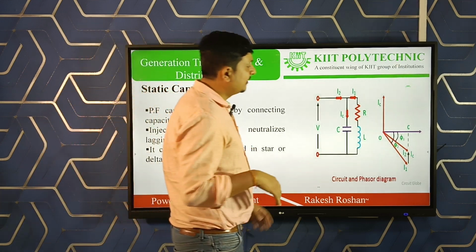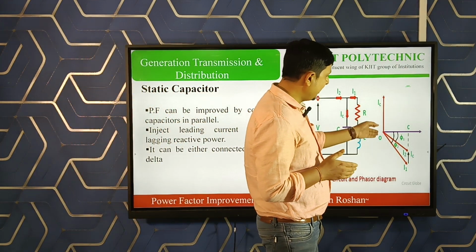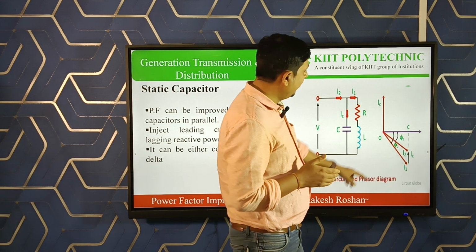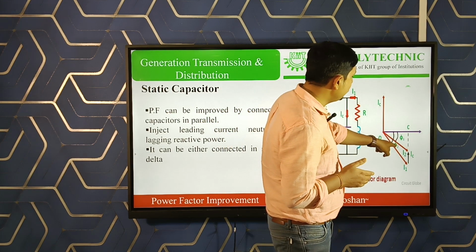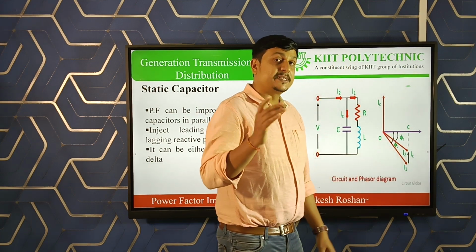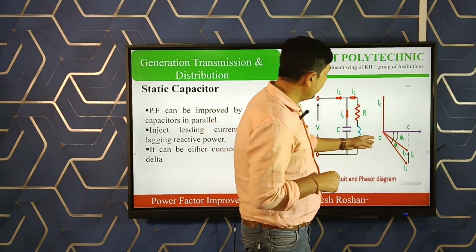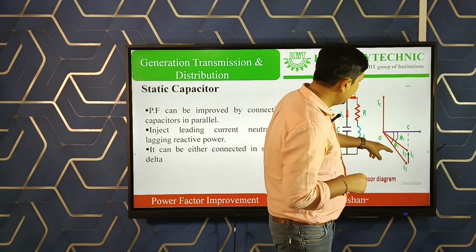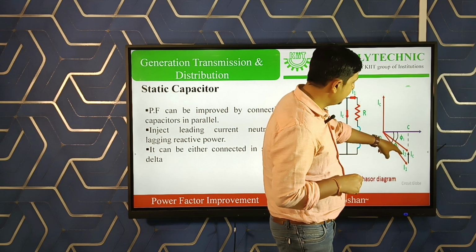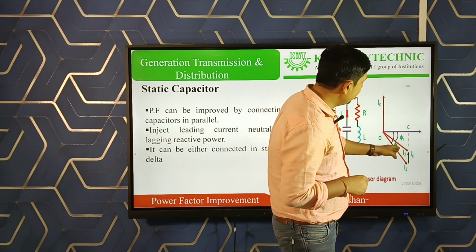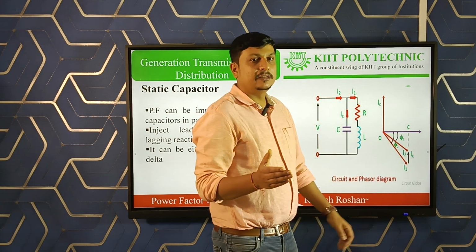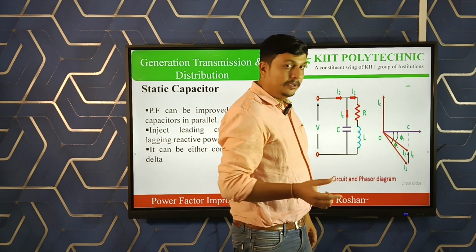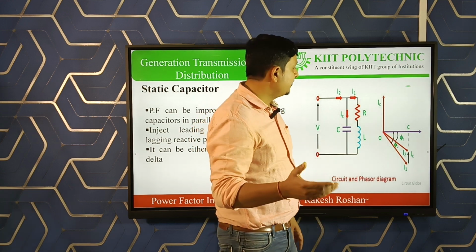So how the power factor is improving, you can understand from this diagram. Earlier there was a phase difference phi 2 between voltage and current when the capacitor was not connected to the system. But when the capacitor is connected, you can see the resultant current is shifted closer to the voltage. That means the power factor has been improved.